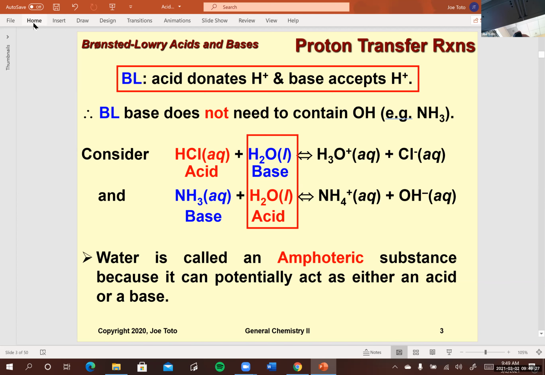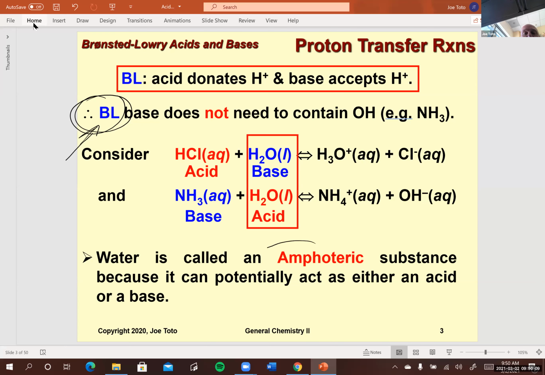Now, since we know something about equilibrium, there's other definitions that come into play. One of the things is that with this Bronsted-Lowry definition, where it centers around either giving up of a proton or the accepting of a proton, that means that some compounds under this definition can be considered to be a base, and those same compounds under other conditions can be considered to be an acid.